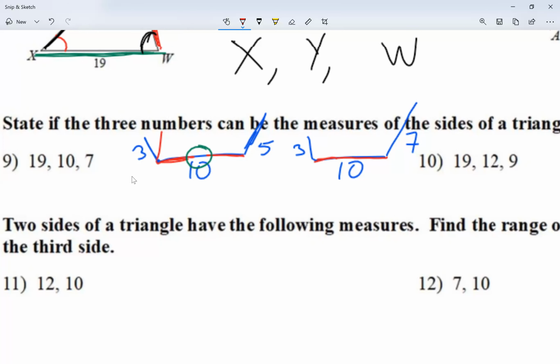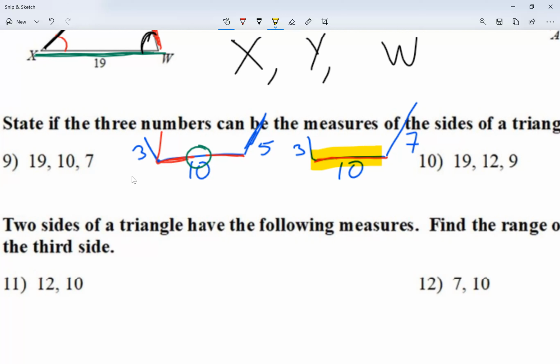Those two sticks are going to touch each other. The only bad thing is that I don't get a triangle. I get a segment, right? I get this. That's not a triangle. They just overlap. I have two line segments that just overlap. I don't have a triangle.